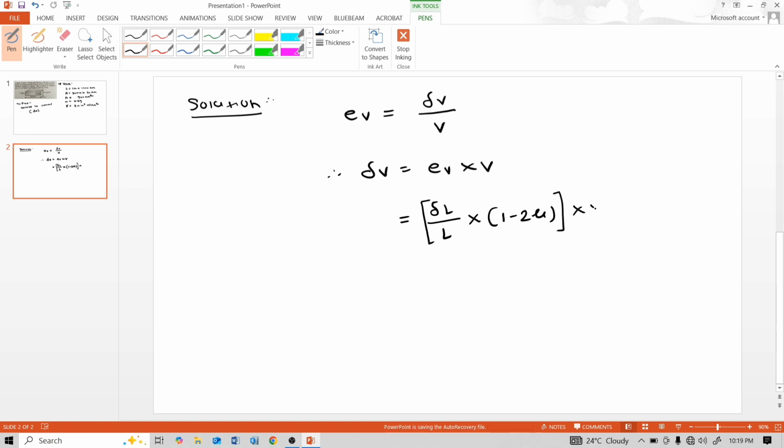This change in length to the original length is strain. So change in volume is strain in L direction multiplied by 1 minus 2 mu into V.